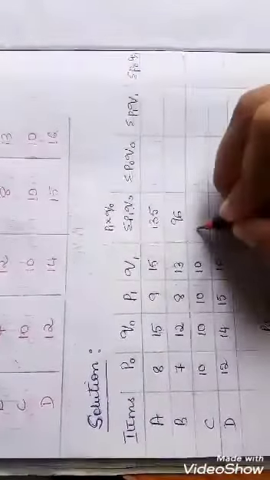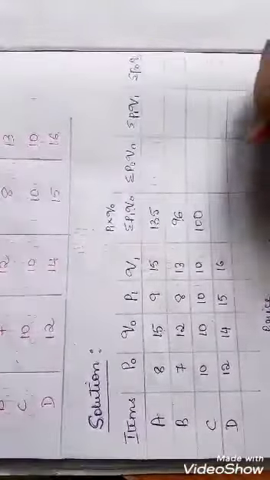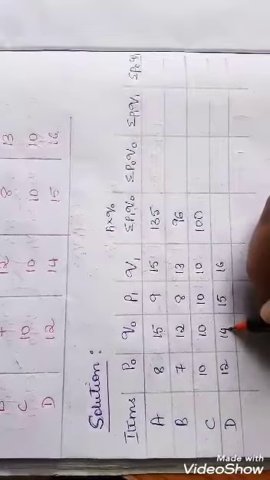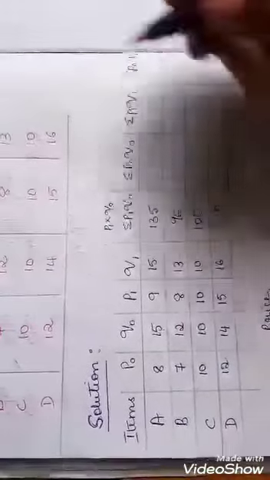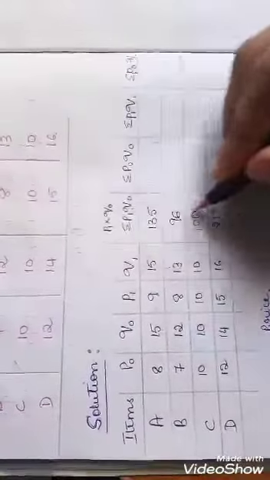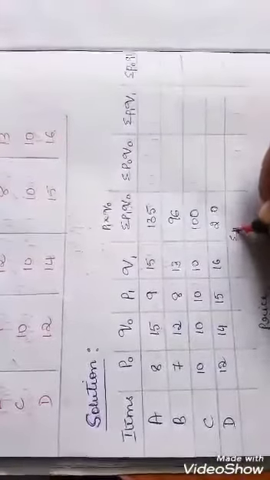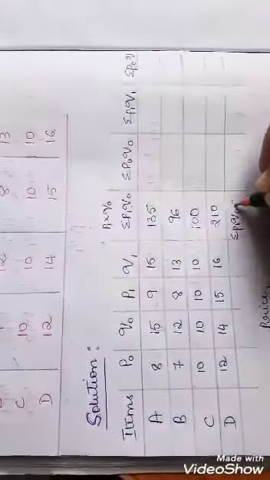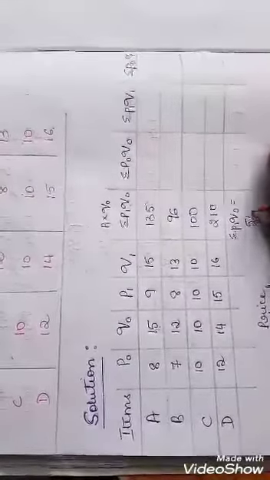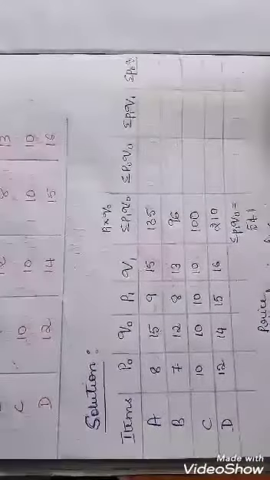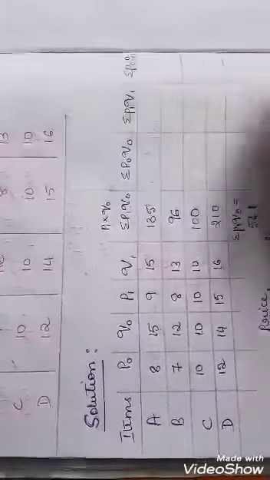Next, 10 into 10 will be 100, and 15 into 14 you will get 210. We have to total this, and this total will be summation P1 Q0. When you total it, you will get 541.